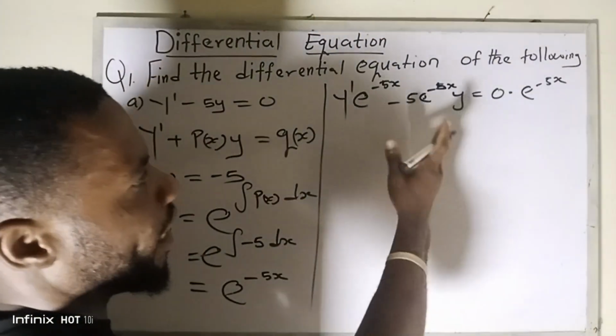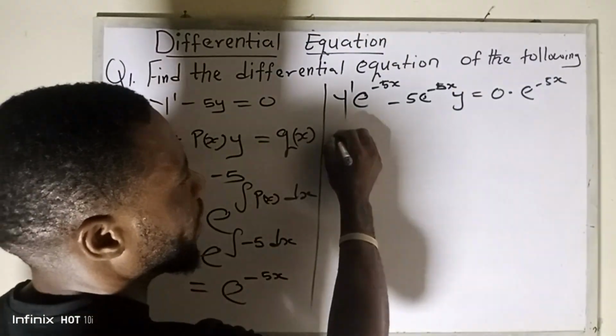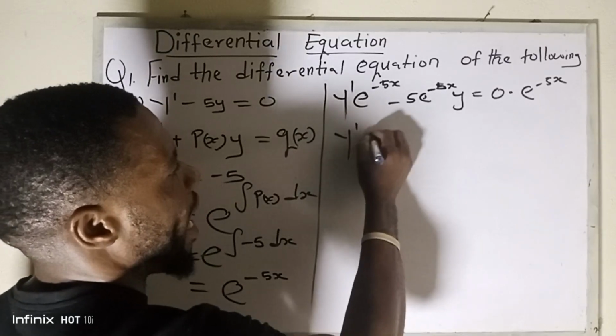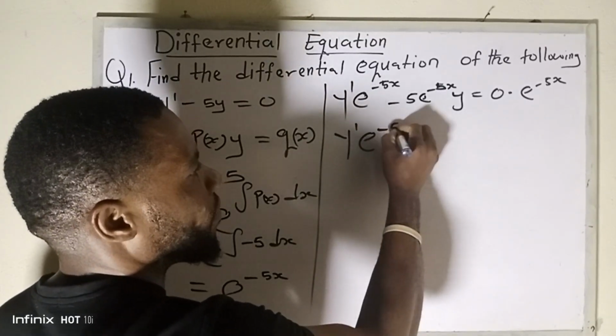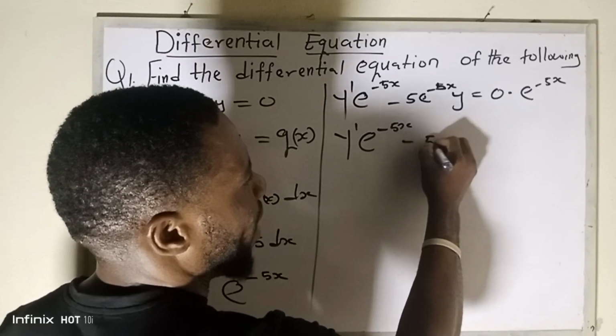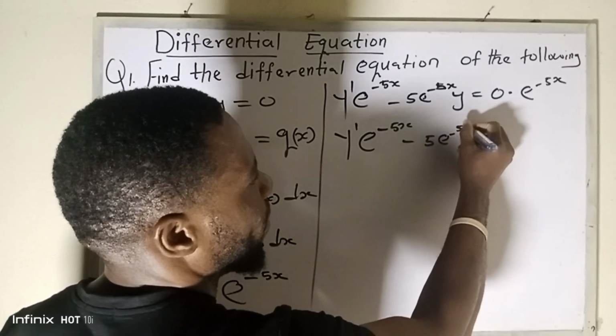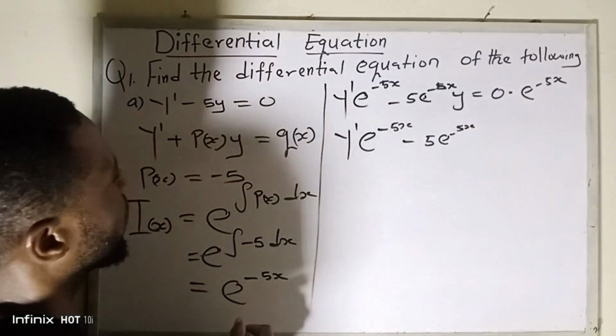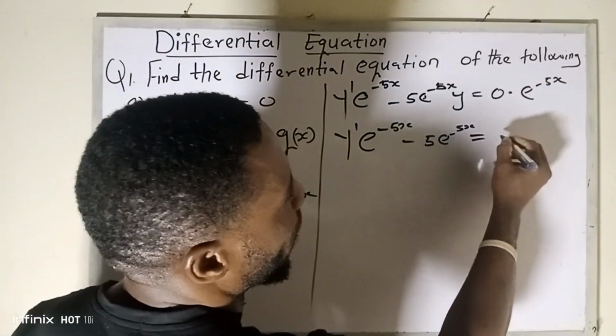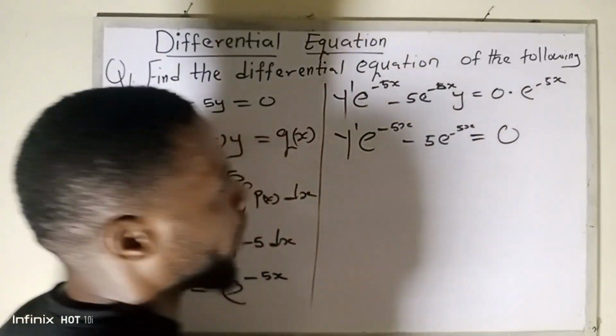When we multiply this, we are going to have y prime exponential minus 5x minus 5 exponential minus 5x y, which is equal to 0.